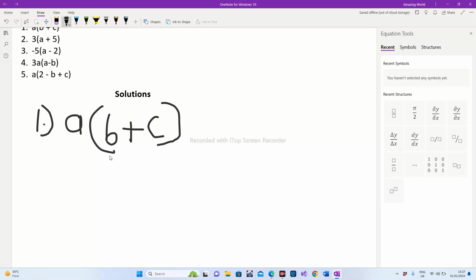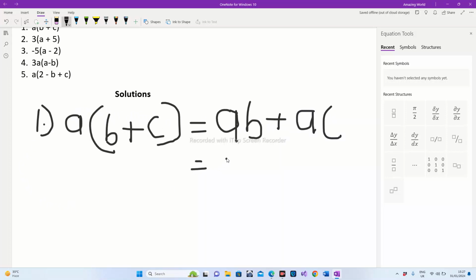So this will give us equals to a times b. In mathematics it will be ab, then plus a times c, that will be ac. So I hope that is very clear.